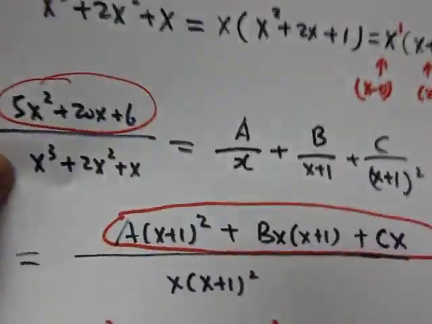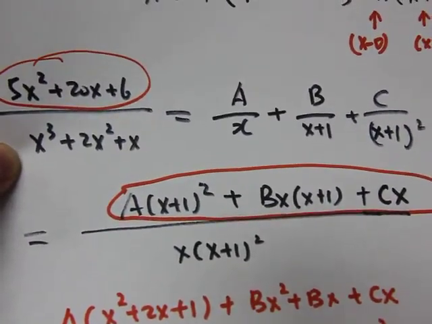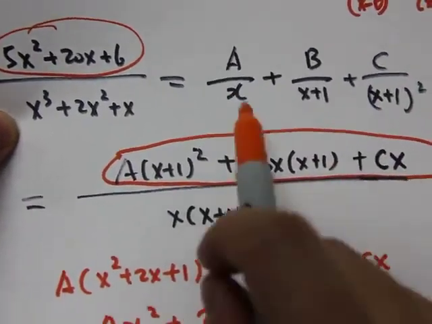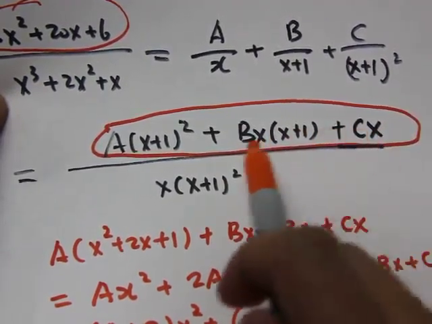Now, also we can use some special numbers and plug them into this expression. So for example, we notice that B and C both contain x, right?